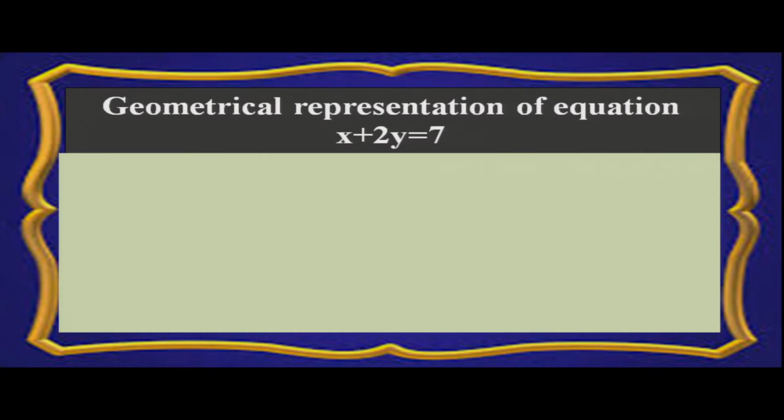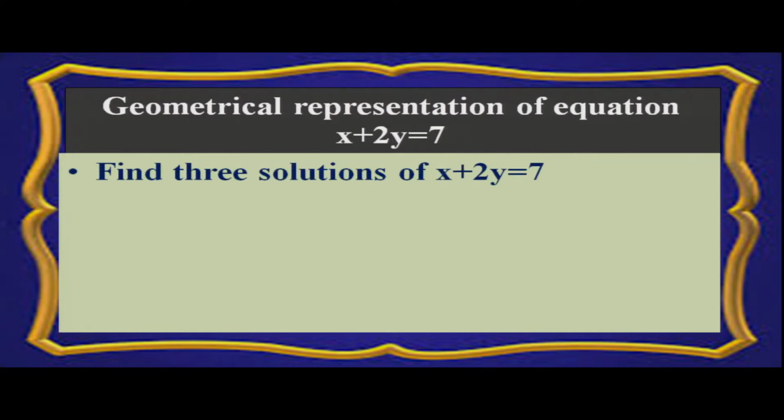Now see the geometrical representation of the equation x plus 2y is equal to 7. Geometrical representation of the equation means to plot the graph of this equation. For that, what to do?